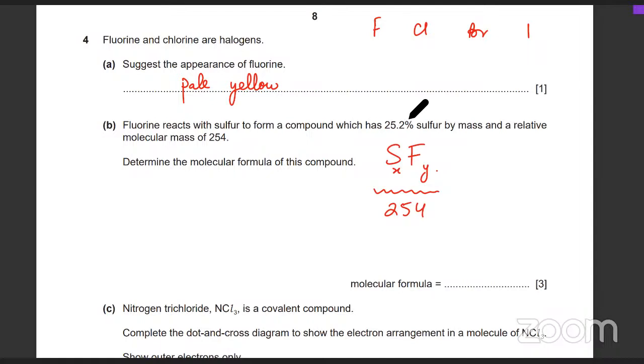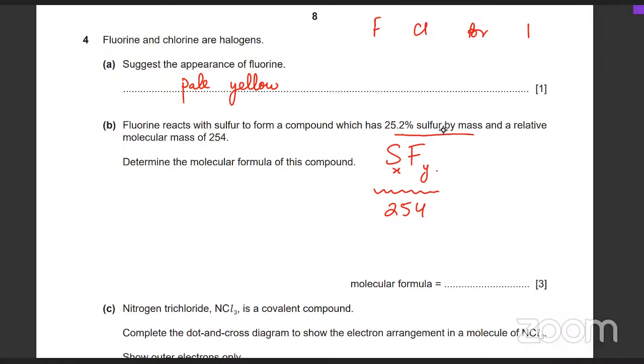और उसमें वो कह रहा है कि 25.2%, fluorine reacts with sulfur to form a compound which has 25.2%.